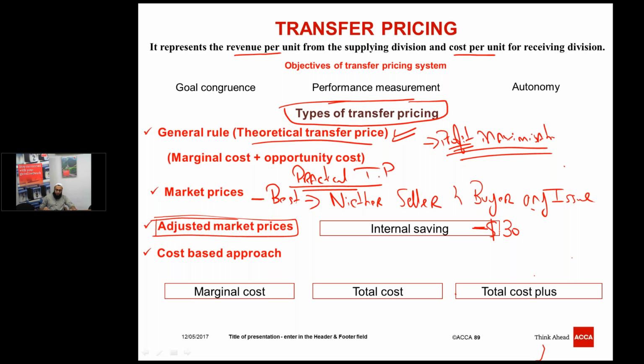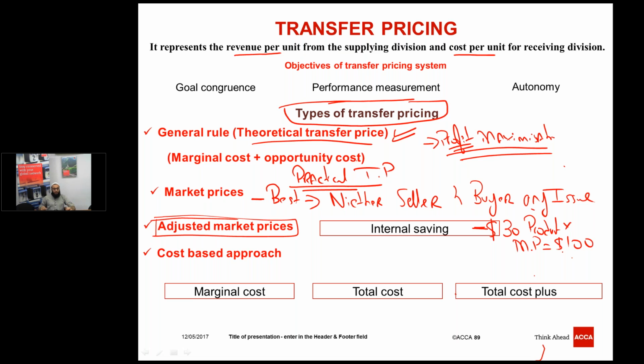So guys, for example, if there is a product, for example product X, and the market price of product X is, let's suppose, $100.